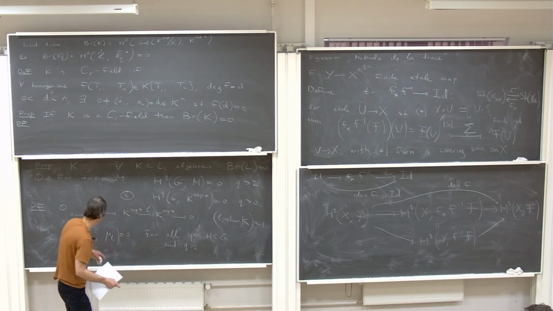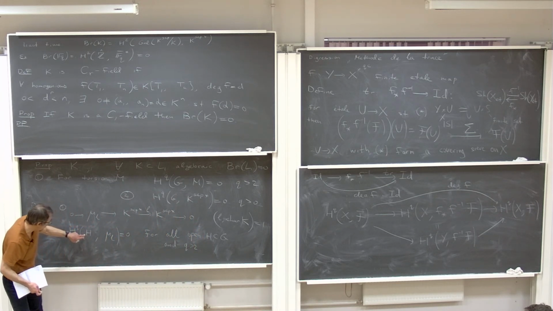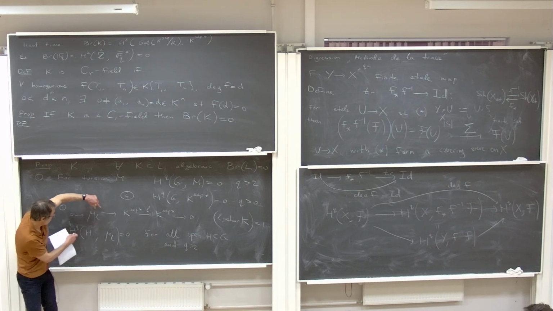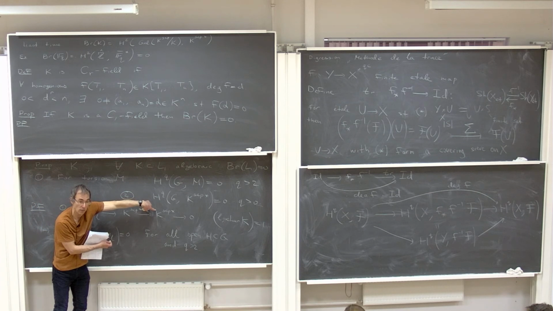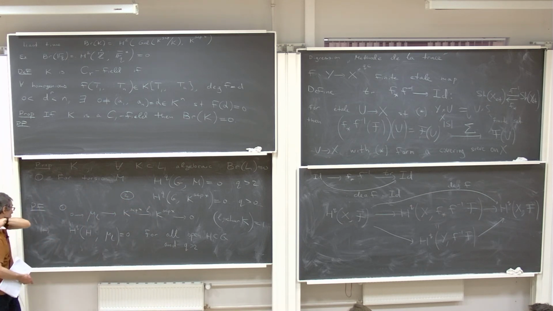Let me explain again why this is true when H is G itself. You look at this short exact sequence and at the long exact sequence of the cohomology groups.